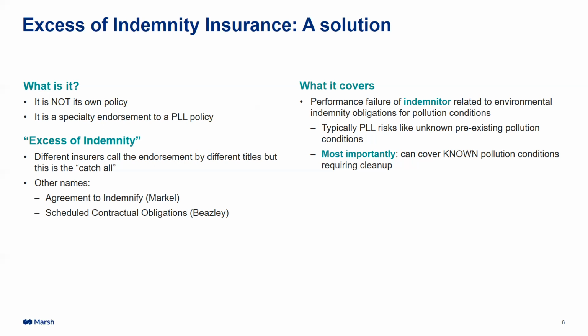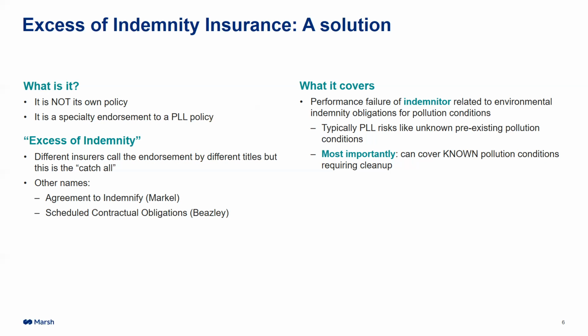So if you are the indemnitee, you've received an indemnity from an indemnitor, and that indemnitor fails to perform, this insurance is designed to step in. And it can pick up two different buckets of risks. The typical PLL risk, which is unknown pre-existing pollution conditions. So again, if the indemnitor is assuming kind of those unknowns that may develop in the future that were related to the transaction, it will pick up that.